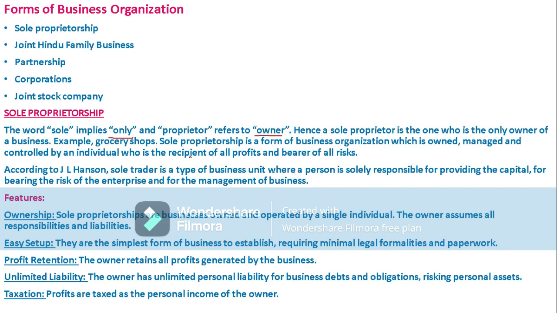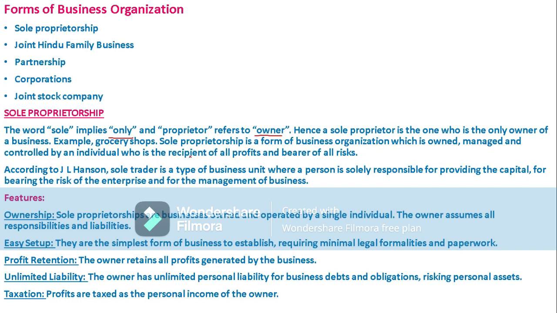And this particular form of business is very popular in personalized services, like running a retail shop, or running a beauty parlor, or working as a freelancer. So all these may come under the category of sole proprietorship.